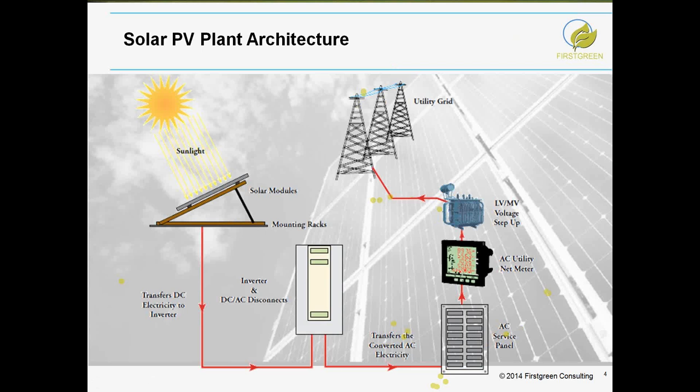So typically in a plant, what you have is your DC side, which is the solar modules. Then these solar modules are connected to the inverters, and finally there's an AC side wherein transformers, and finally you are feeding. So this is a typical solar plant structure.